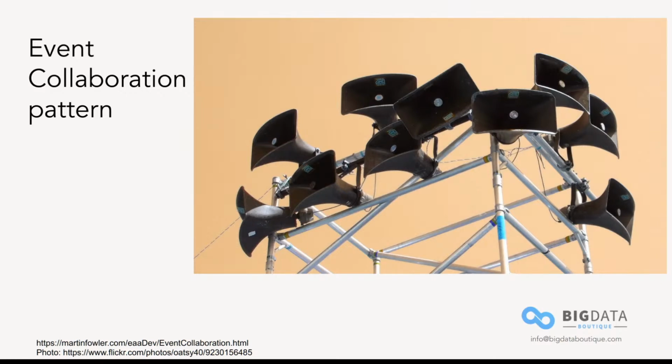The nice thing about this pattern is that if my system A fails for whatever reason, or it's not available, the other systems are not going to be affected, because they have a local copy with the information they need in their own state store. Okay, so that's the powerful thing about the event collaboration pattern.